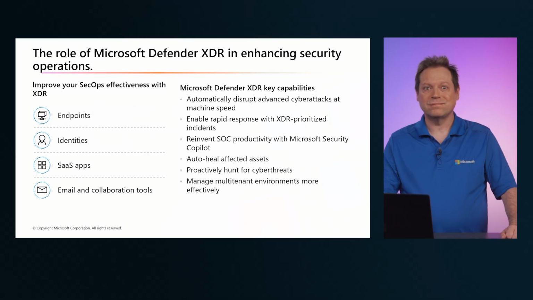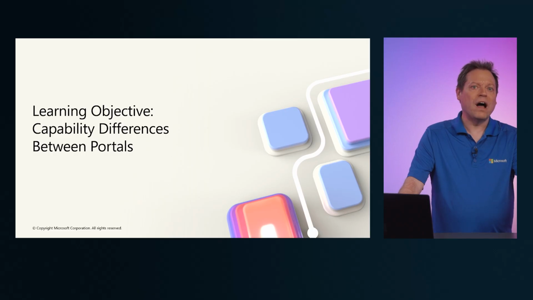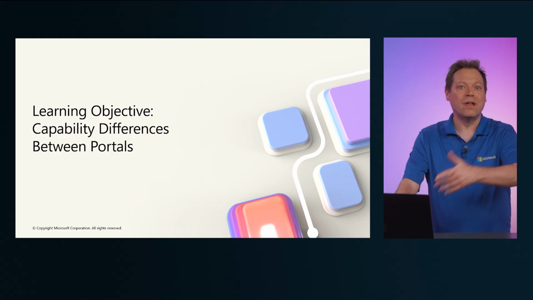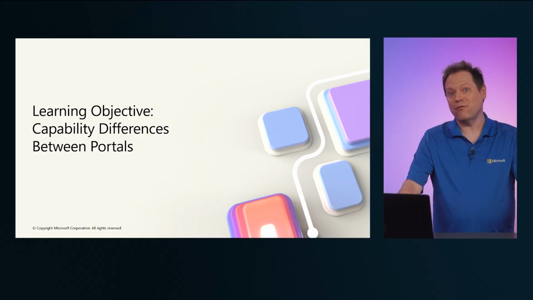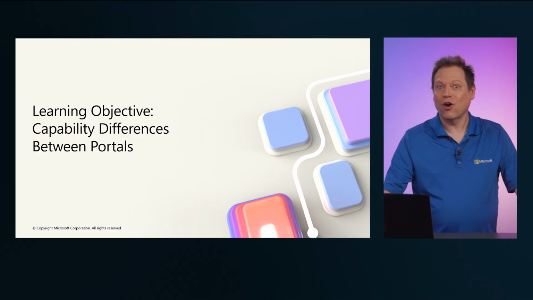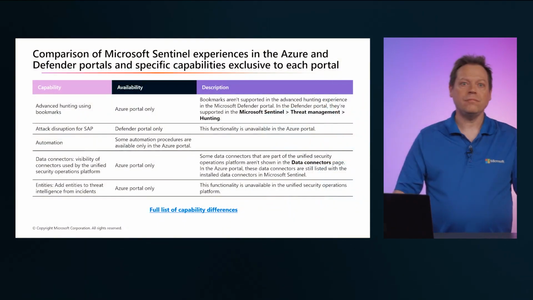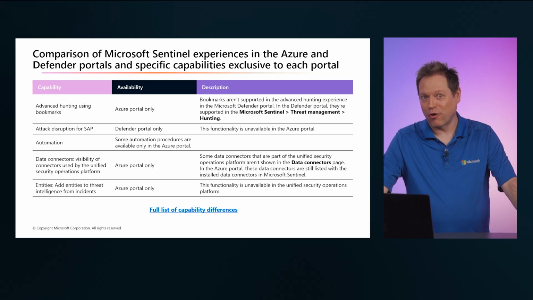The objective here is to understand that while most Microsoft Sentinel capabilities are available in both the Azure portal and the Defender portal, there are meaningful differences that affect how and where certain tasks are performed. Here we compare the Sentinel experience across the two portals.